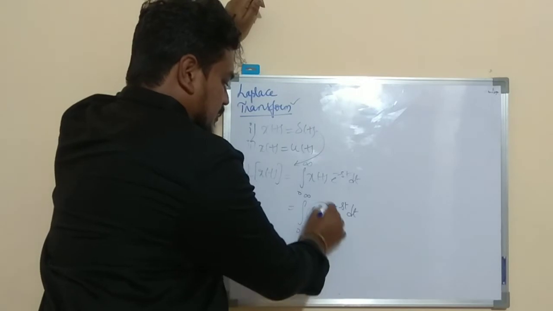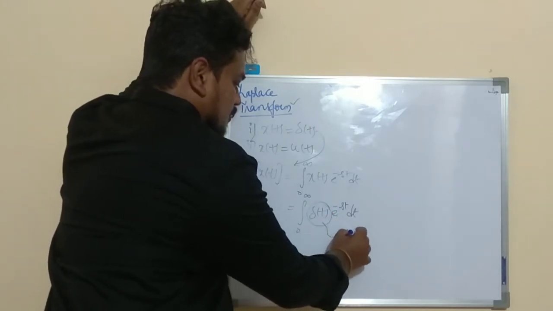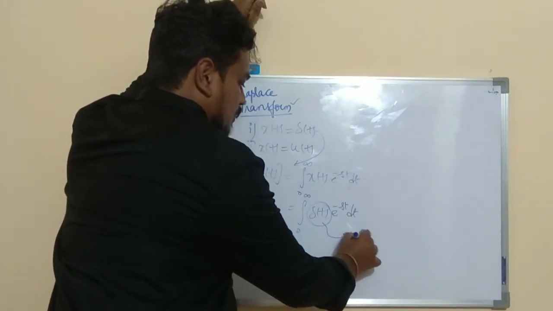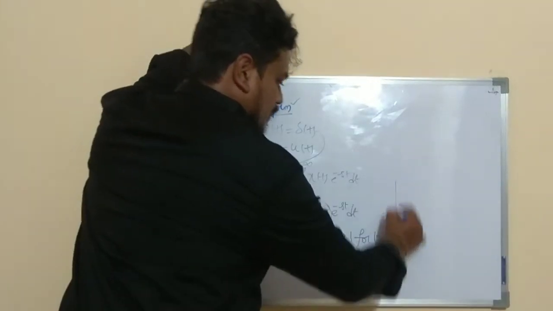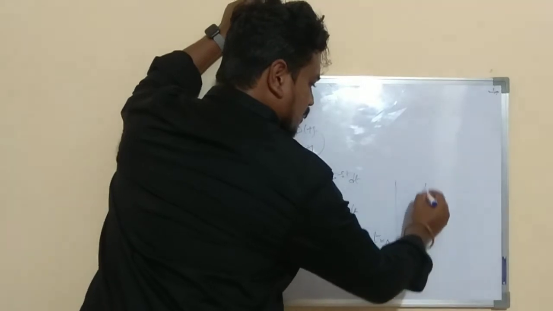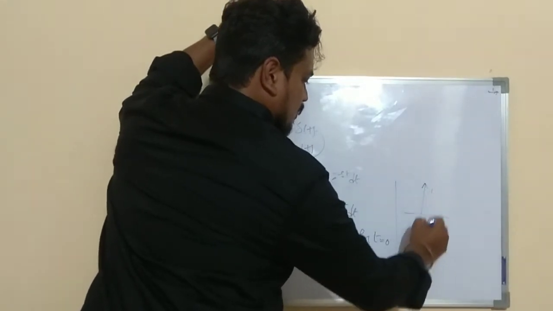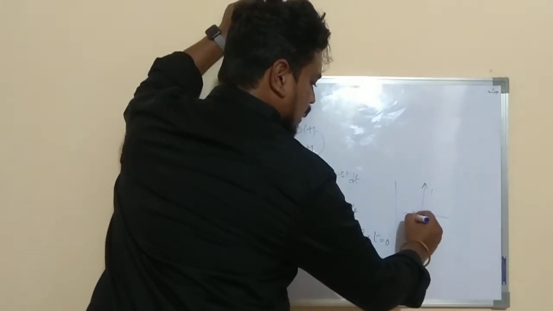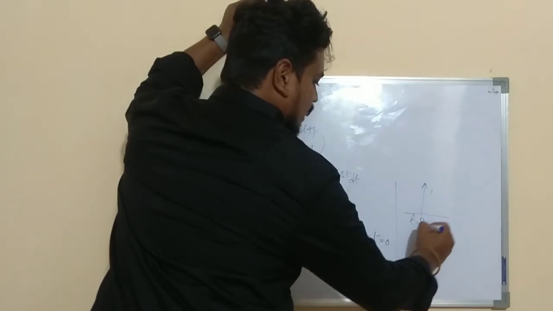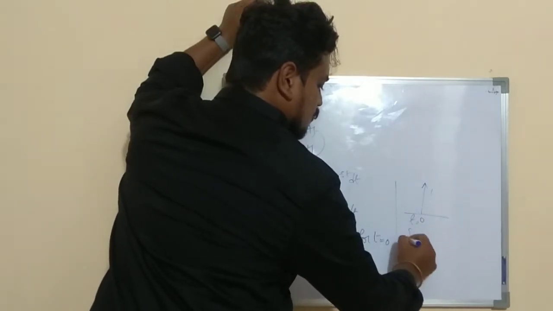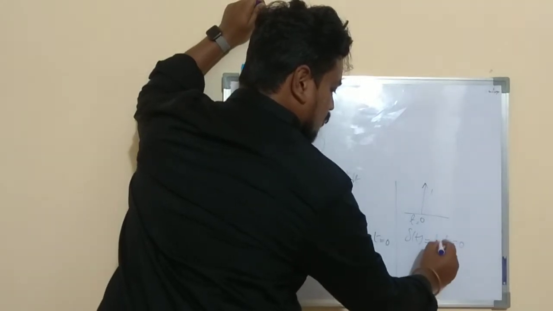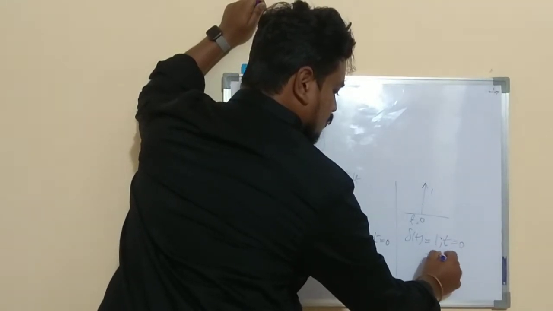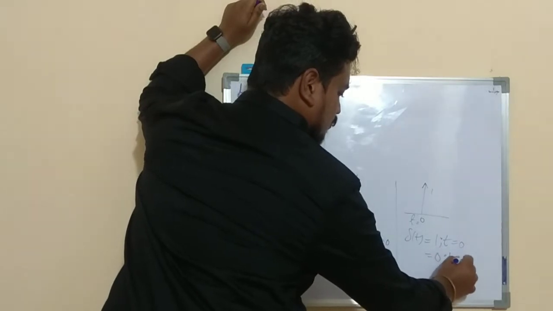So this delta of t becomes what? This delta of t becomes 1 for t equals 0. By the definition of the unit impulse function, it should be equal to 1 at time t equals 0, and equal to 0 at time t not equal to 0.